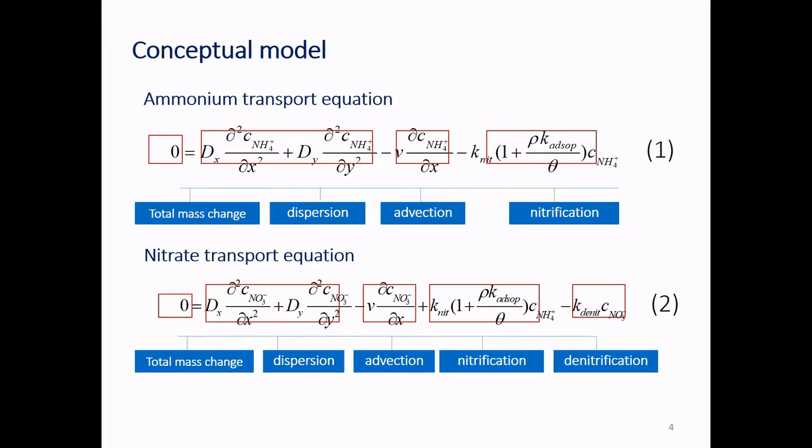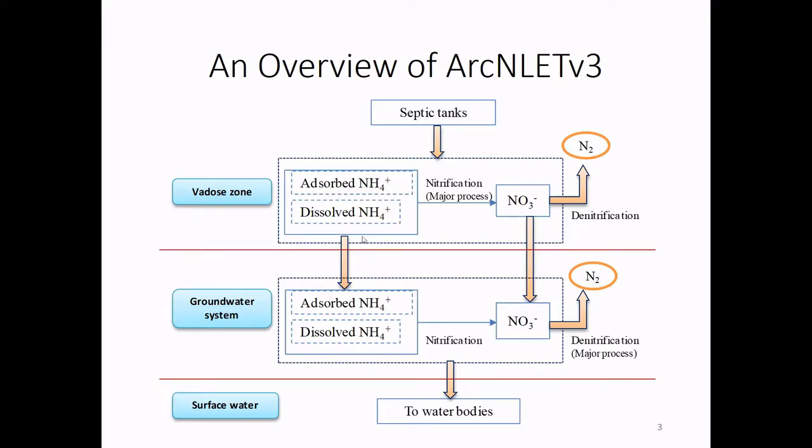And so the simulation is loosely coupled. We get ammonium and nitrate concentration at the water table by using VZMOD, and then we use the concentration at the water table as a boundary condition to ArcNLET v1.